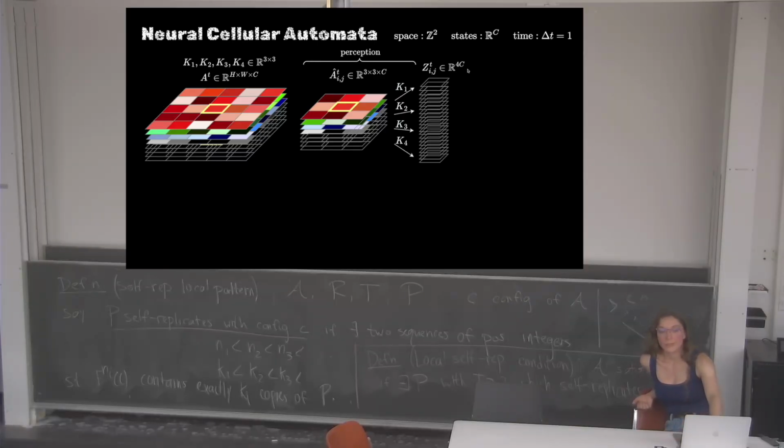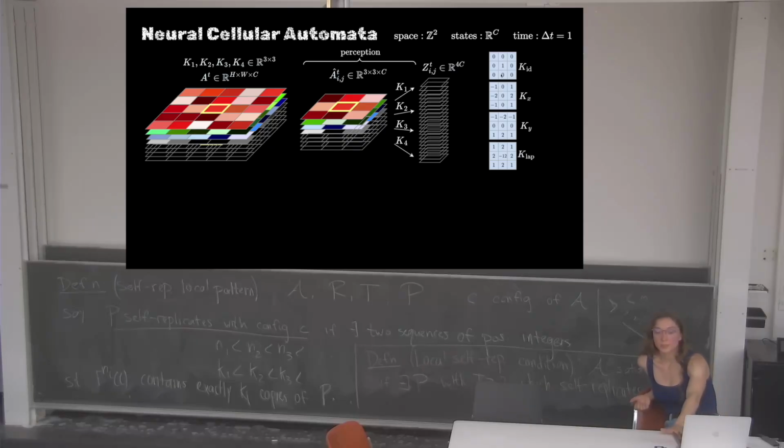Now, so what are the kernels? The first one is just identity, so that each cell has a chance to remember what was its state. The next one is the so-called Sobel kernel or filter in the x direction. So you can see it's designed cleverly in such a way that if in your picture you had values that would be increasing from left to right, and you convolved it with this kernel, the value would be very high.